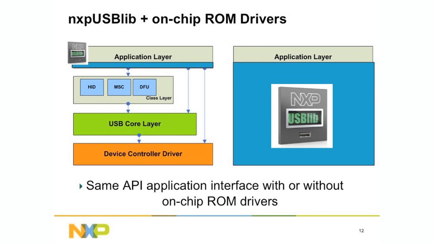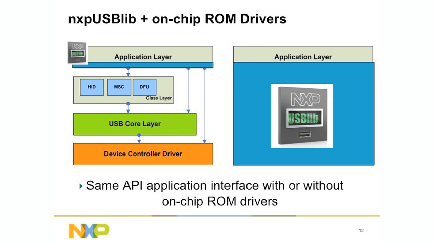All right. So this is what you get when you use USBlib in conjunction with ROM drivers. Let's say that the board that you're taking home today does not have ROM drivers. You want to write a little application and get it running on this board.